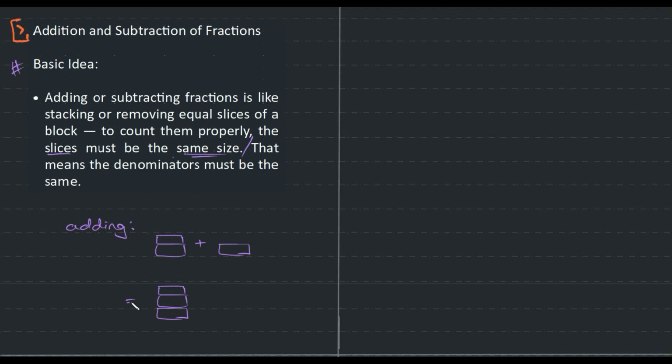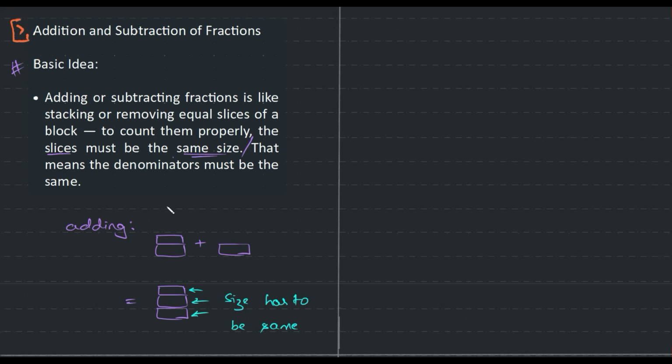So that is your addition. As simple as that. But what the funda is telling is the sizes have to be the same. The size has to be the same so that we can communicate.